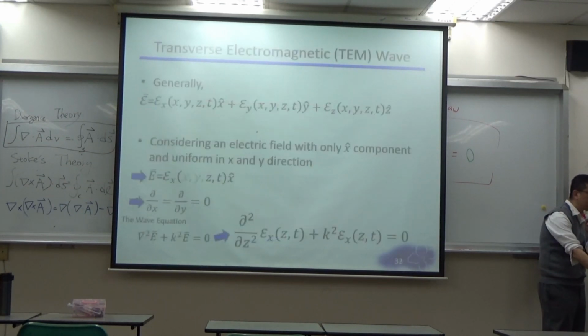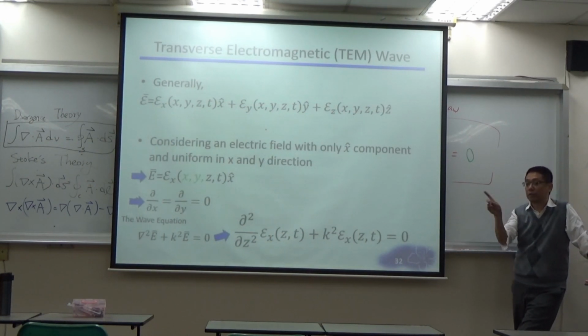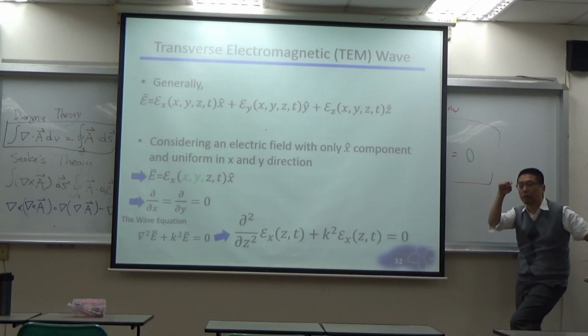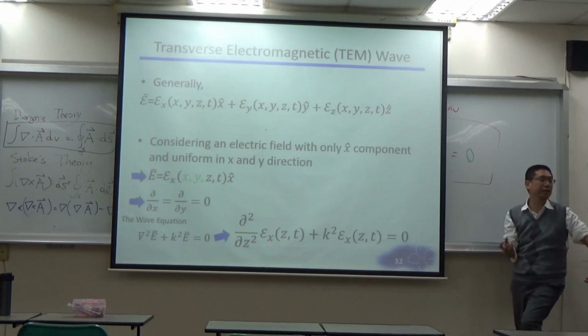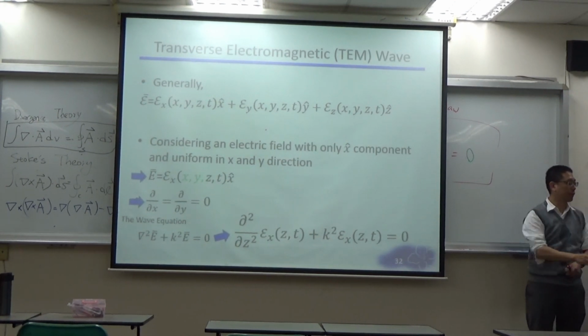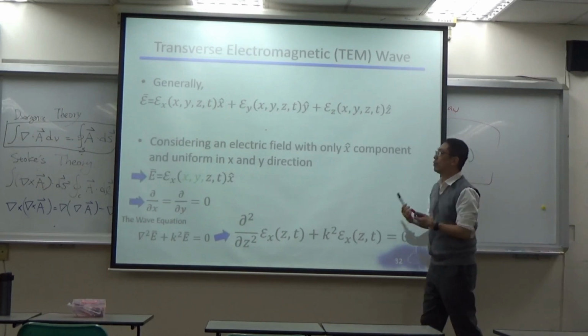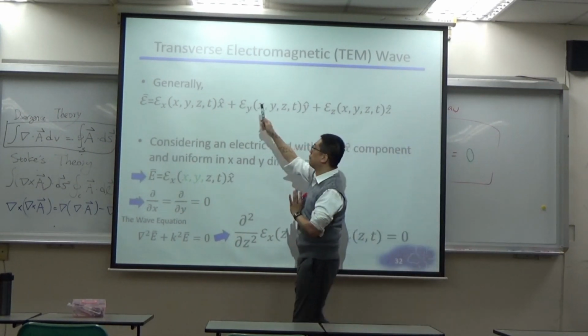Let me just introduce a little bit. I try to quickly explain this one, and I will repeat this again next week because this is very difficult but very, very important. Okay. So finally, we try to solve E. We try to solve what is the exact E. First of all, we try to simplify your general E field.